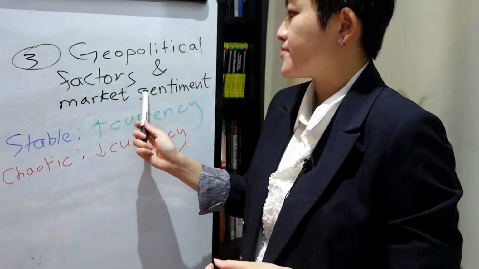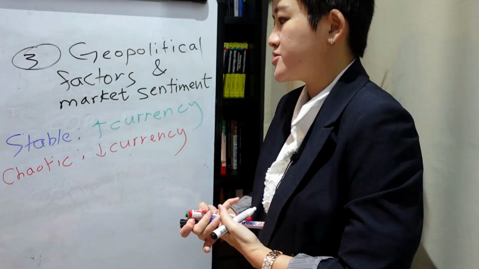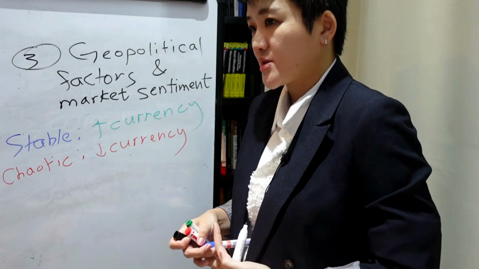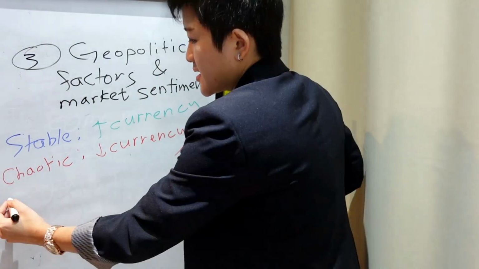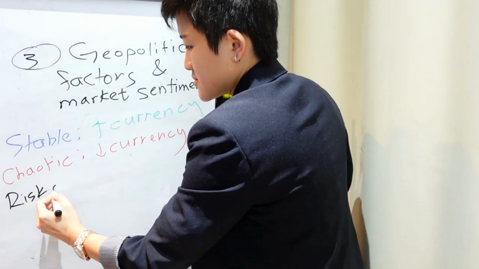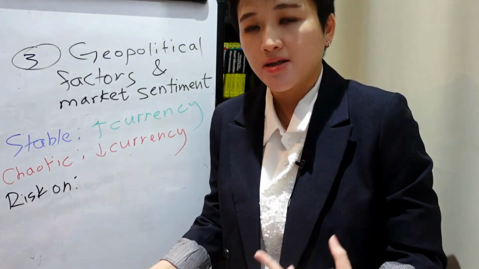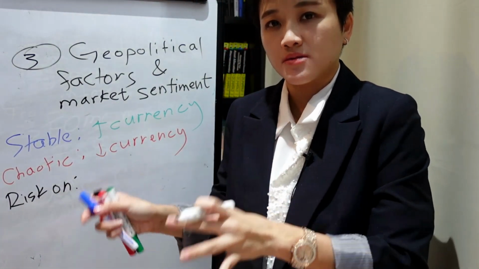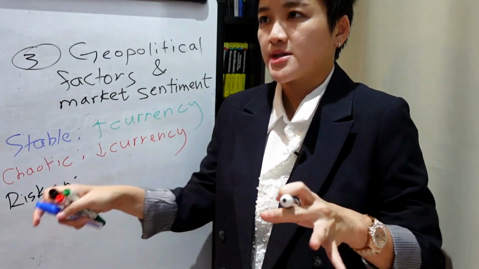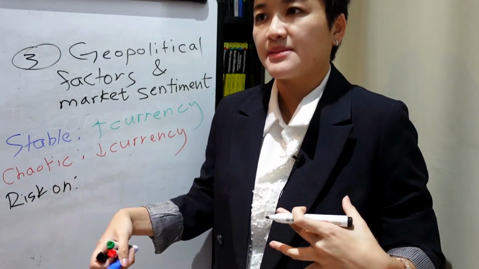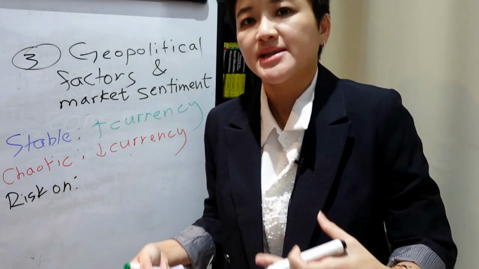And also for sentiment-wise, you can understand there's a difference between risk-on and risk-off currencies. Risk-on currencies basically are those currencies with relatively higher interest rates as compared to other currencies, and traders would see these currencies as something I want to buy when times are good.